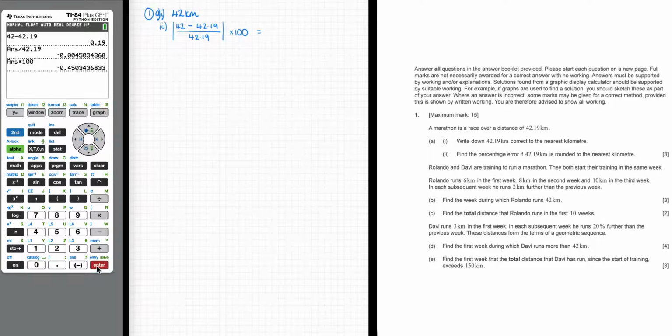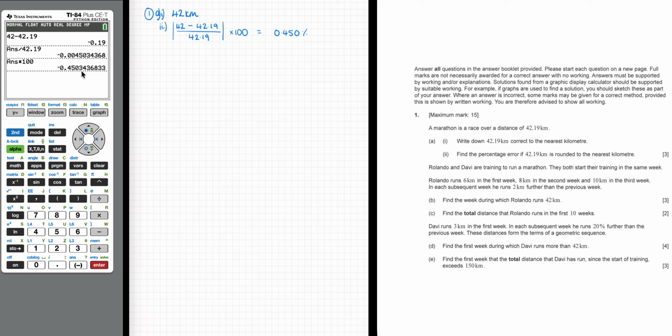Don't forget we're ignoring the negative, so it's just 0.45%. Now it should be written to 3 significant figures, and to 3 significant figures we would leave the 0 there. We can see here that the 3, the next digit, doesn't round this up to a 1, so it stays as a 0, and it's 0.450.